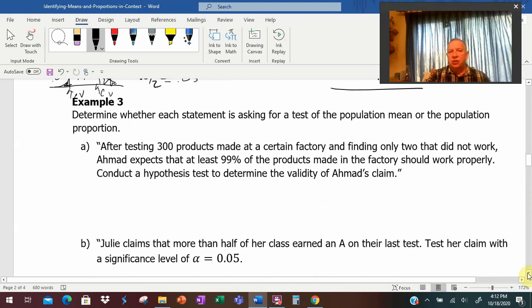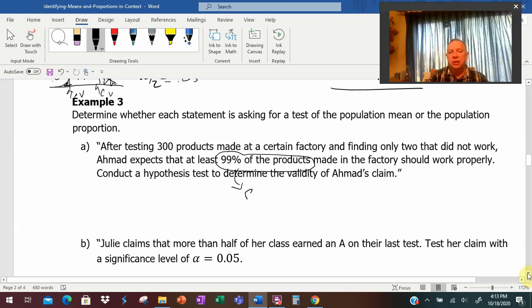So again, population mean or population proportion. After testing 300 products made at a certain factory and finding only 2 that did not work, Ahmed expects that at least 99% of the products made in the factory should work properly. Conduct a hypothesis test to determine the validity of Ahmed's claim. 99% of the products, so that is a proportion, right?